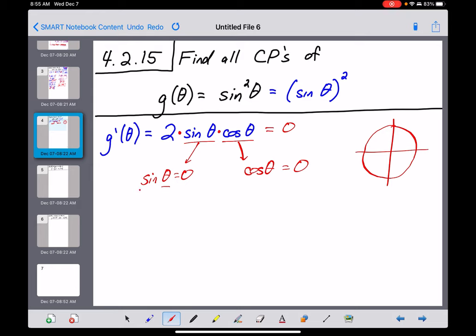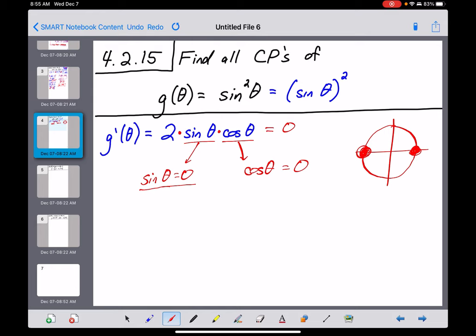So I'm just asking you guys right here, where on the unit circle is y equal to 0? Y is equal to 0 on the x-axis, right here at 0, right here at pi, and then keep going, 2 pi again, 3 pi, 4 pi, 5 pi, and so on and so forth.